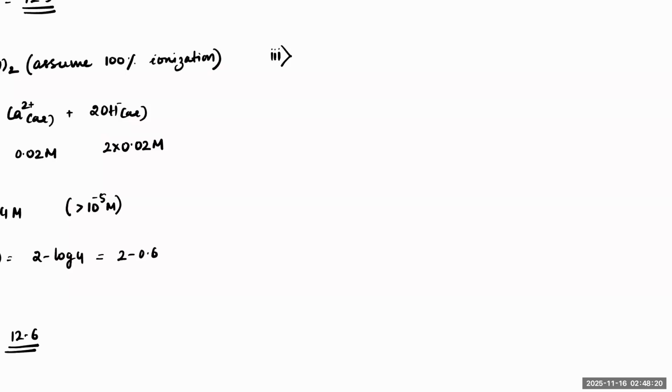If you have 20 ml of 0.1 molar HCl plus 20 ml of 0.05 molar NaOH, it is a strong acid and strong base titration. Both of them are mixed. Then what will be the pH of the solution?